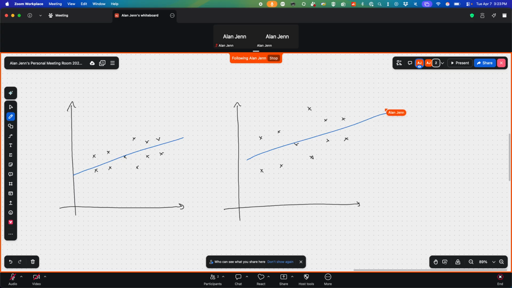And so the actual line between my left-hand side and my right-hand side are exactly the same. So assume that that slope is exactly the same. The points are simply equidistant but farther away from the line, right?